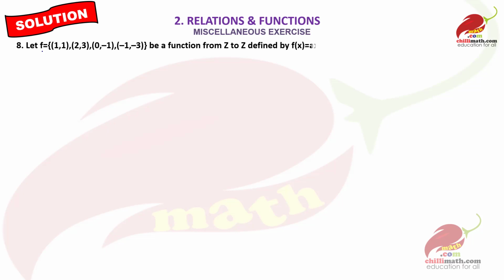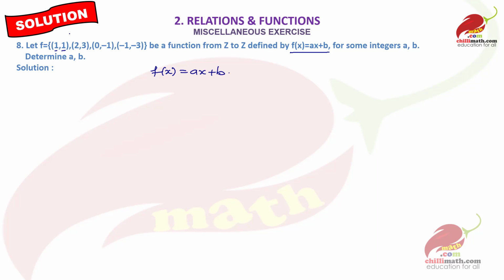Eighth question is, let f equal to the set of pairs (1, 1), (2, 3), (0, minus 1), (minus 1, minus 3) be a function from Z to Z defined by f(x) equal to ax plus b for some integers a, b. Determine a, b. Okay. So this is your x and this is your f(x), and it is defined by f(x) equal to ax plus b.